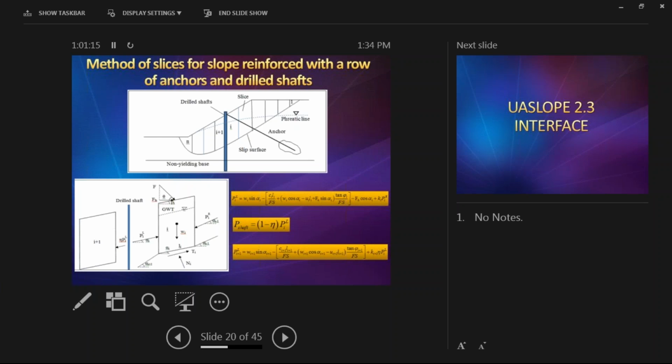And the spacing of the anchor would be a multiple of the spacing of the drill shaft. So it can be one, which means every drill shaft will accommodate one anchor, or every other drill shaft, or every three drill shafts. So it would be in this way if you use the anchor together with the drill shaft.